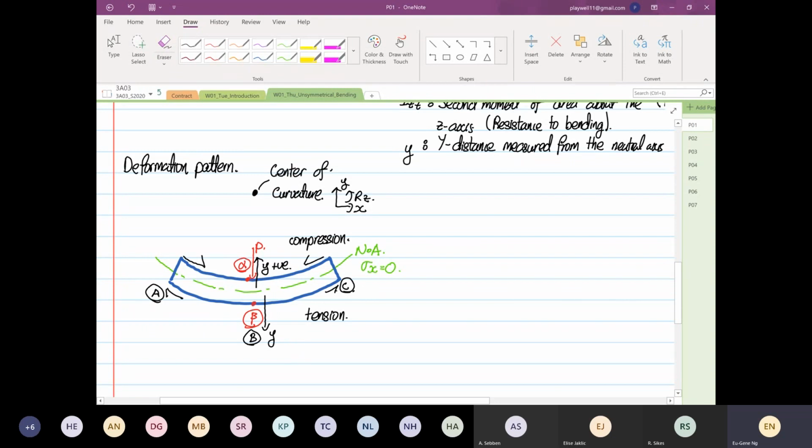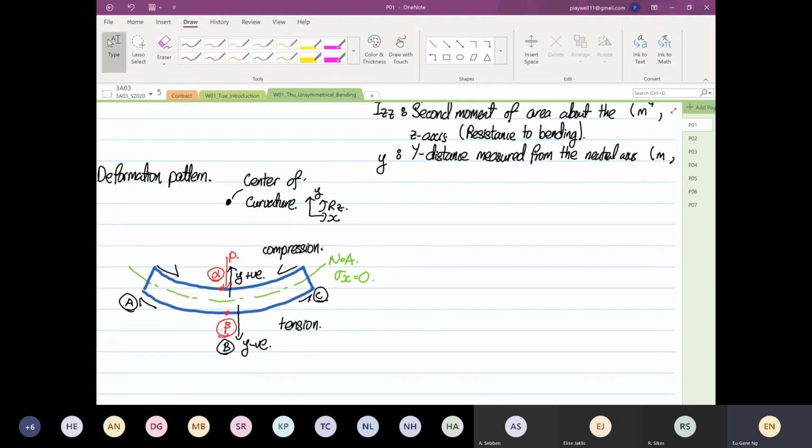So for this fact, if we want to find stress X at point alpha, we know for this case y is positive.